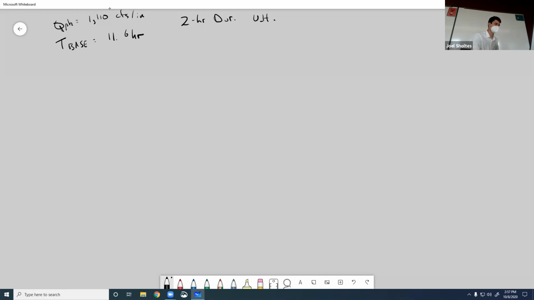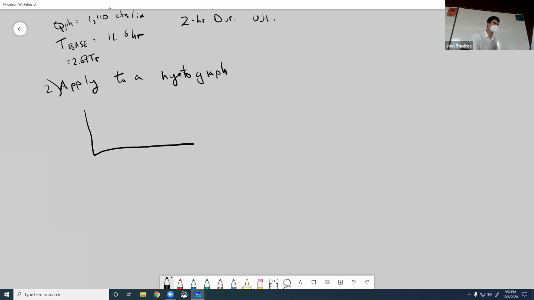All right, so now we're going to apply this to a hydrograph. And we'll do a simple hydrograph here. Because I said it's a 2-hour duration, that means the hydrograph needs to have 2-hour chunks of time.